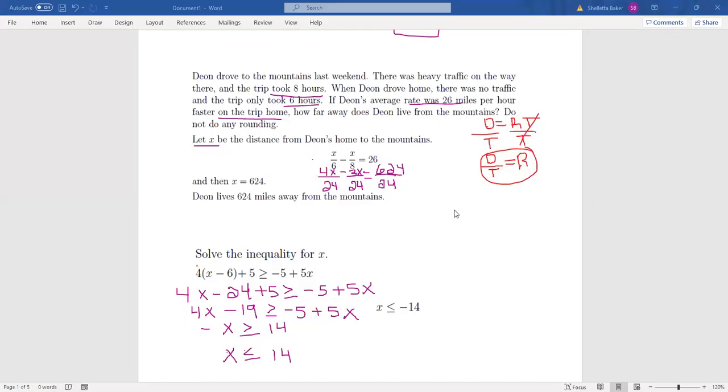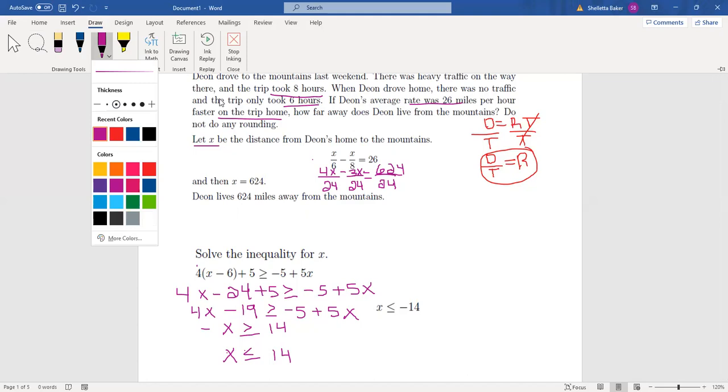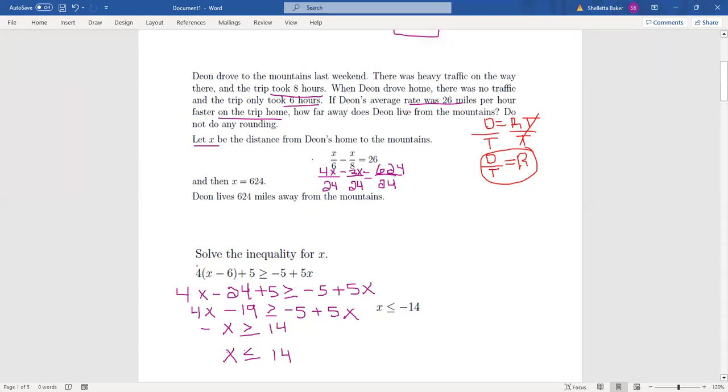All right, so I wanted to add some more notes here for you. What you notice is the distance formula is rate times time, but because we are given the rate here of 26 miles, we just rewrote both the distance coming home and the distance to the mountains in that same form, distance over time.